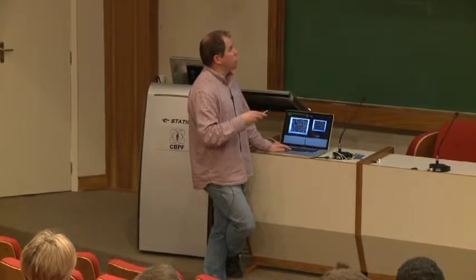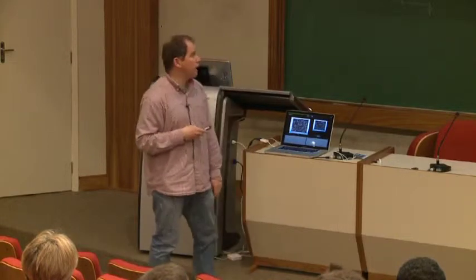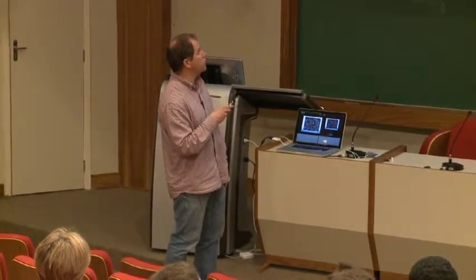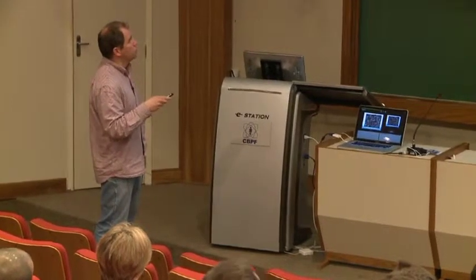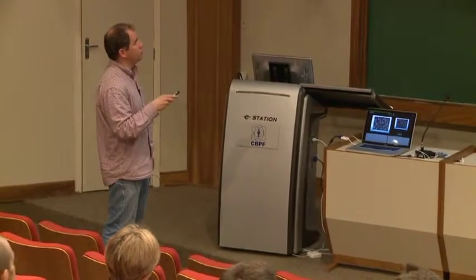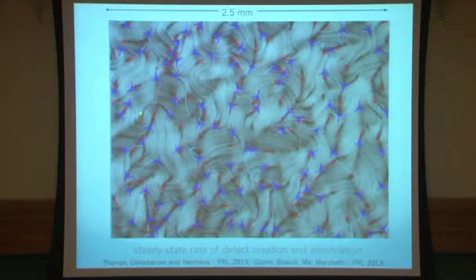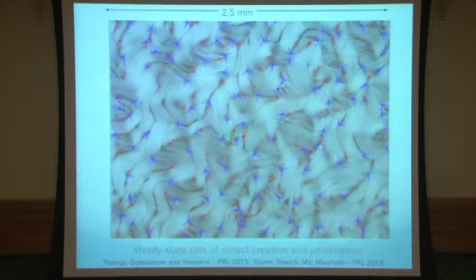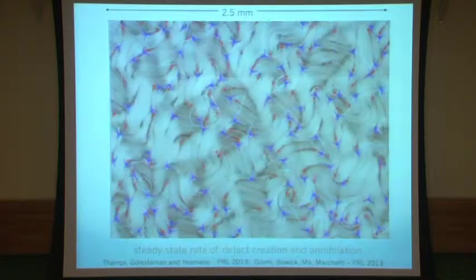So this is a large-scale movie. This is 2.5 millimeters. You take polarization, and I can define the location of every defect, right? This blue dot indicates a defect of -1/2, and the red dot indicates a defect of +1/2, right? As you let this run, you can see that the red defects move along.